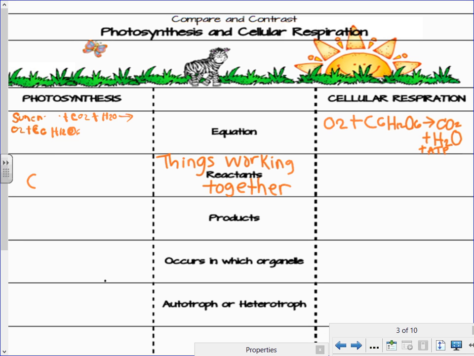Erase that. Audience, we're quiet, and you need to make sure you have these answers. So he says for photosynthesis, we have carbon dioxide working with H2O. You can just put H2O.